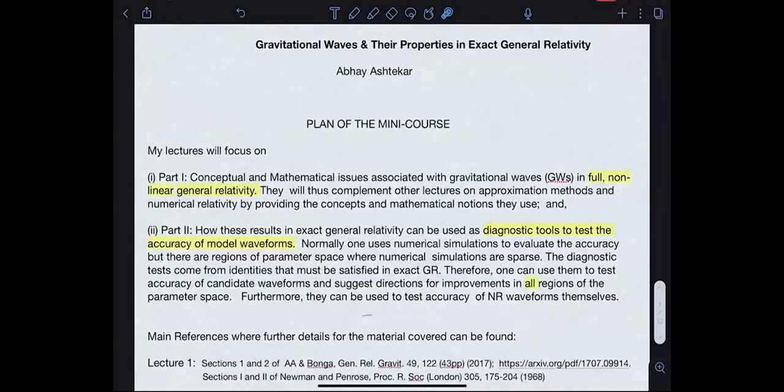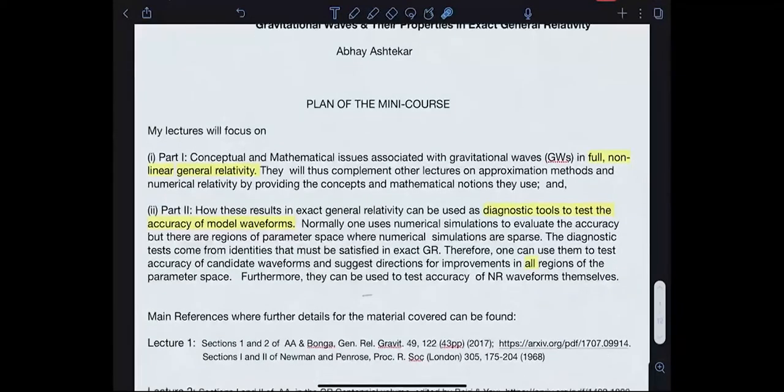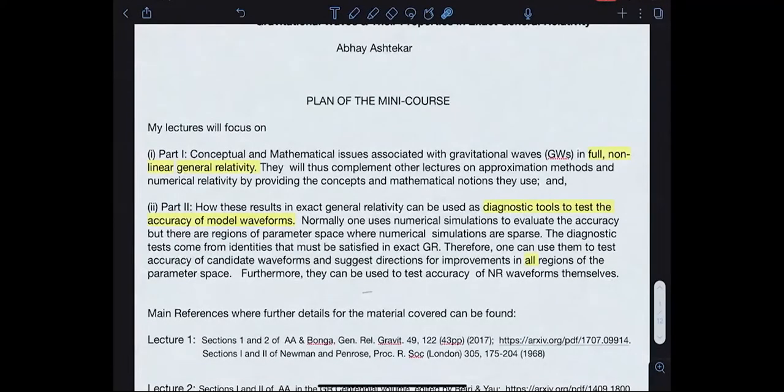There are various model waveforms. You might have heard about them in other lectures, and we will see how these precise mathematical results in full nonlinear general relativity can be used as a diagnostic tool to test how good the waveform models are and also to improve them.